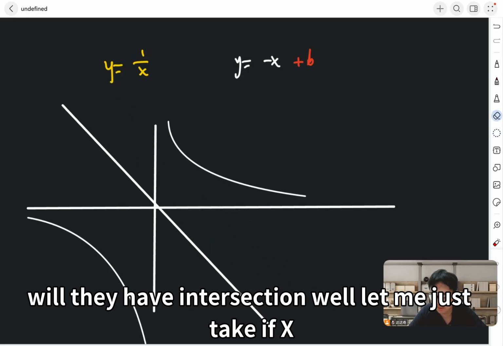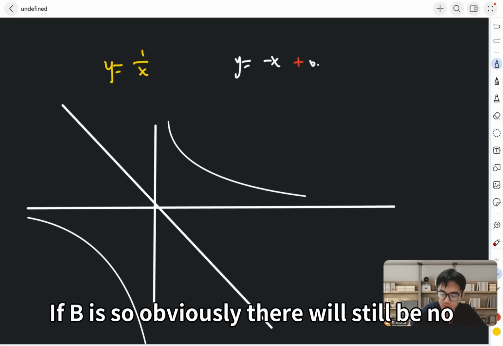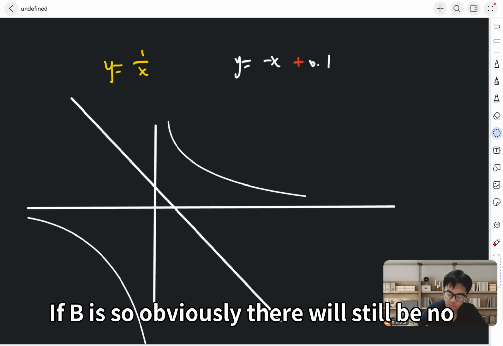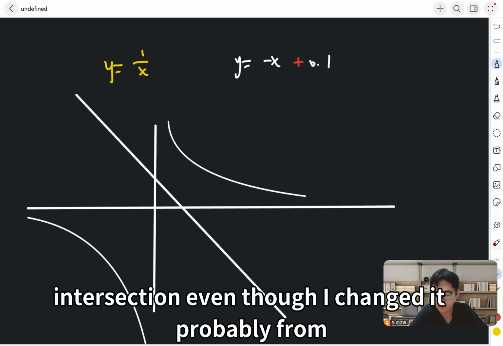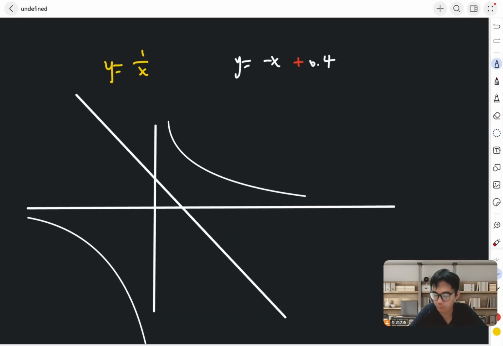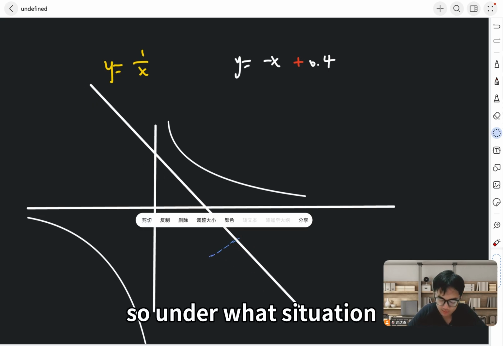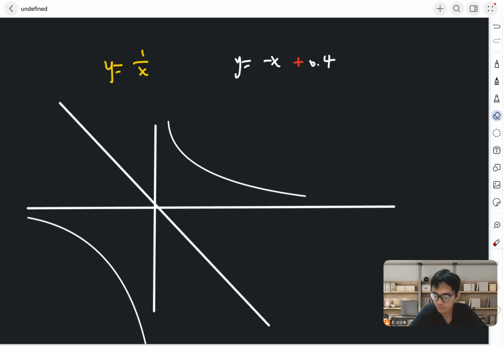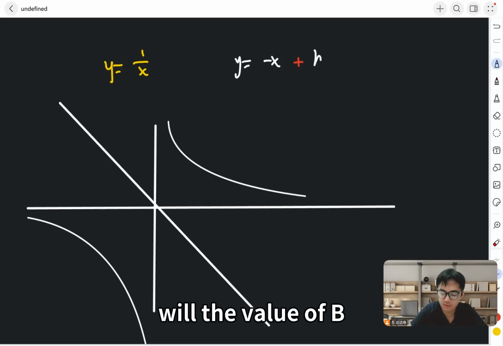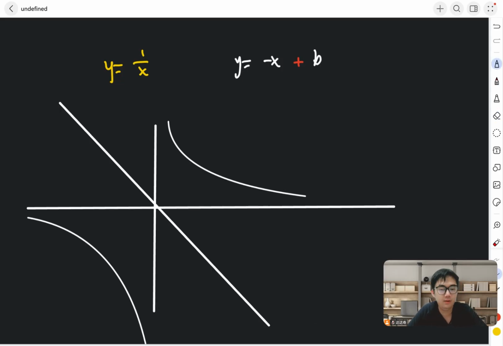Well, let me just take, if b is 0.1, so obviously there will still be no intersection. Even though I change it probably to 0.4, it will still not have intersections. So under what situation will the value of b make them intersect?